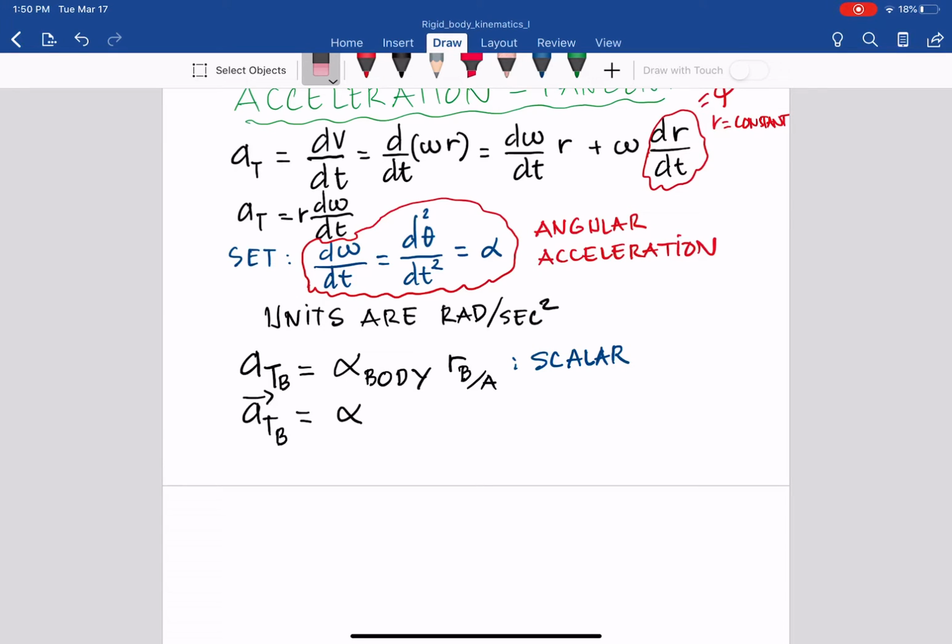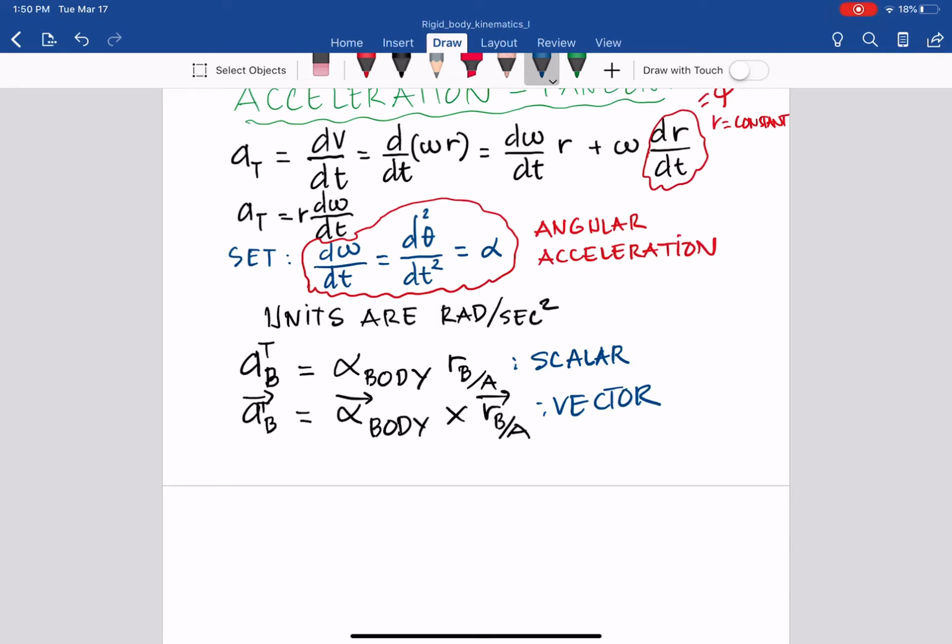Let's change a little bit here. So for point B, the tangential component, to make it simpler, will be equal to alpha of the body, vector, cross with the position vector of B from A, and this will be the vector form.